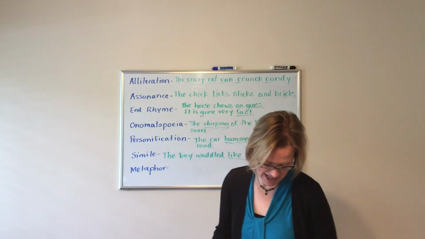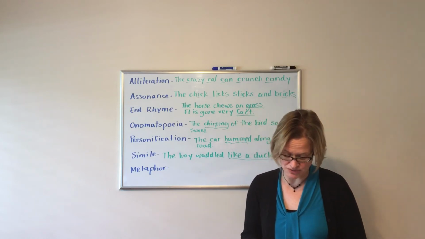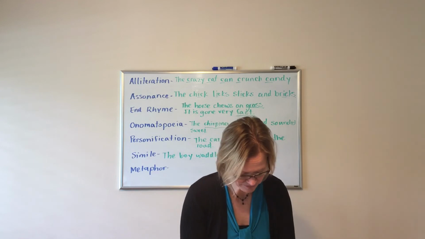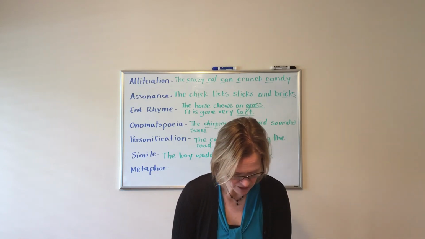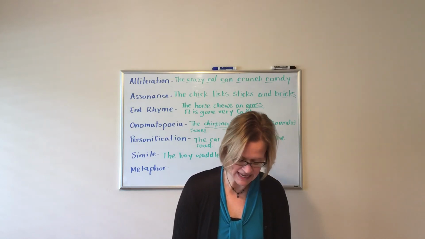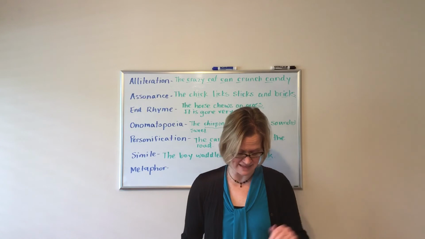So let's look at the last one, metaphor. Compare two unlike things without using the words like or as. Look at your instructional sheet, and it says the moon is a yellow balloon, okay? So it doesn't say it's like, it says it is that.